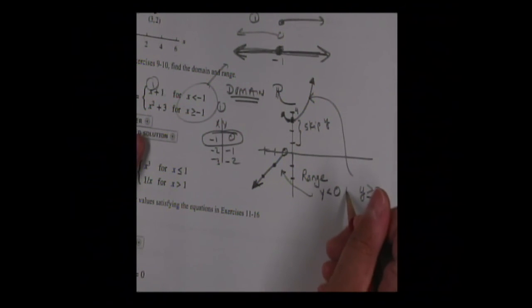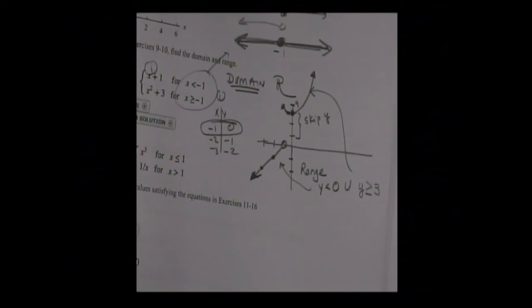Yes. So my range, if I write it in inequality notation, is written in two pieces: y less than 0, y greater than or equal to 0. And then I stuck that U in between. What did I mean by the U? Union, yes, union. So you'll want to go back and take a look at that.